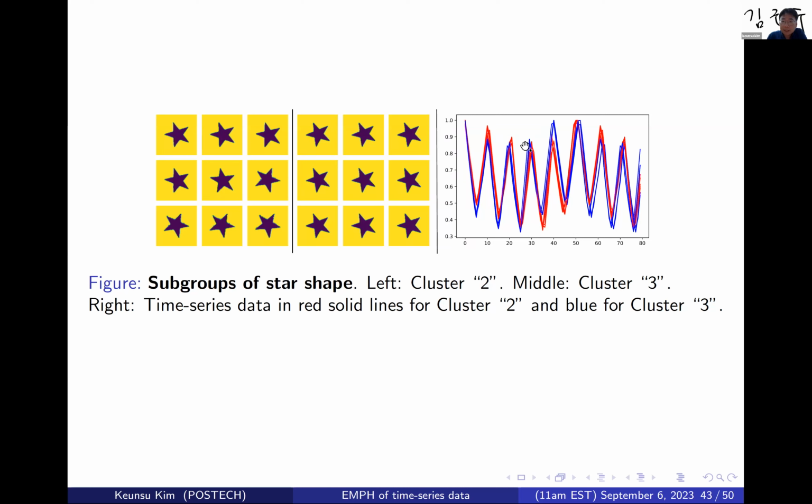And the latter is the pre-processed time series data, where the orange one comes from cluster 2 and the blue one comes from cluster 3. So selecting the diagonal ray distinguishes this subtle difference, and choosing another ray disregards this subtle difference.